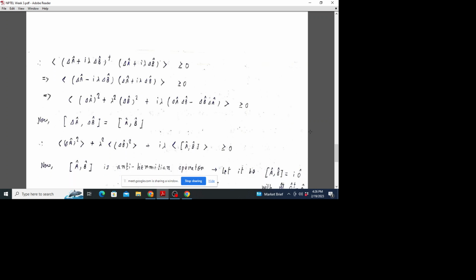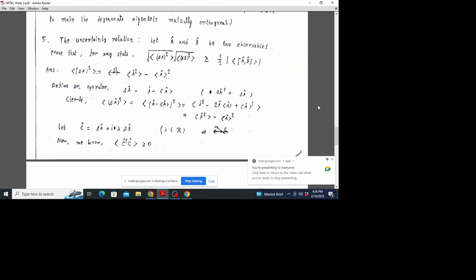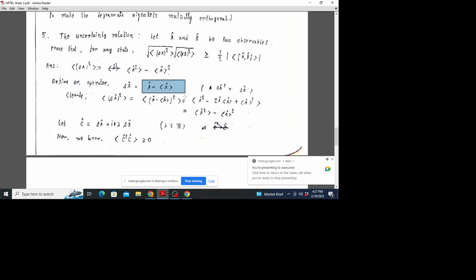So this much is fine. Now you see, the commutator of delta A and delta B is equal to the commutator of A and B, because as you see this is A minus a scalar, a number, and the commutator of an operator with a number is 0, so they always commute.